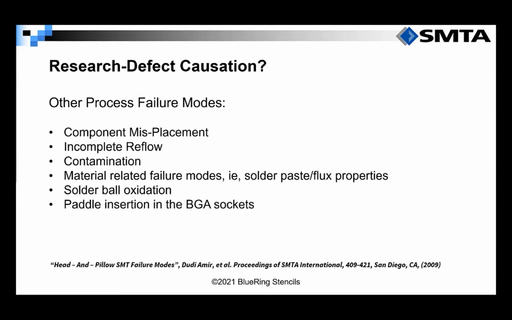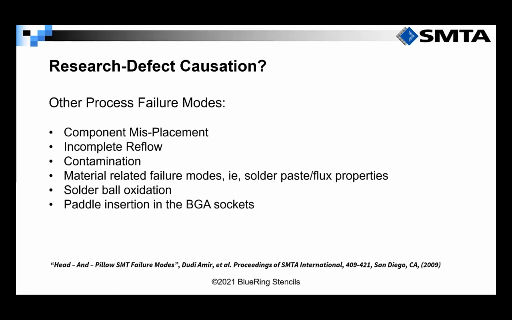Contamination on the BGA balls or even of the solder paste itself can also be a contributor. And of course, there are many variables in the actual solder paste being used. Some solder paste may reduce this defect, while some do not, based on the flux activity. Solder ball oxidation levels can also play a part, as well as the manufacturing processes of the BGAs themselves.